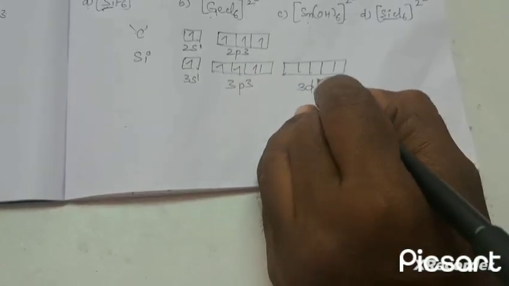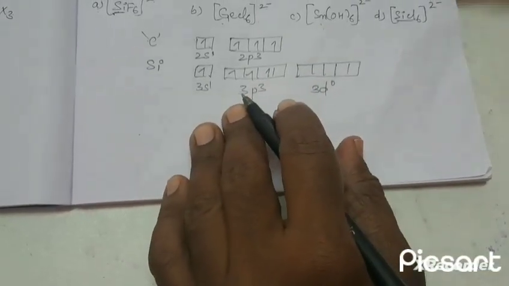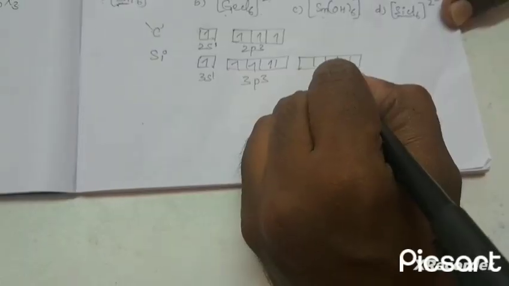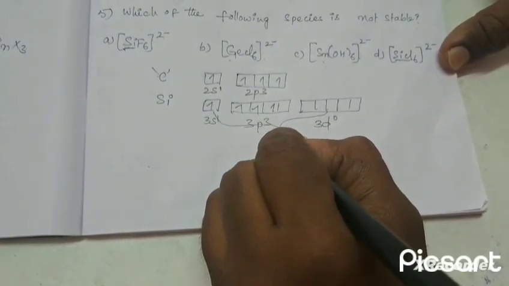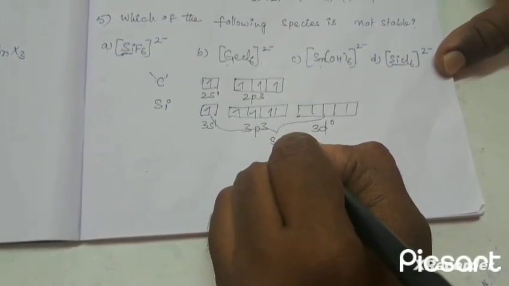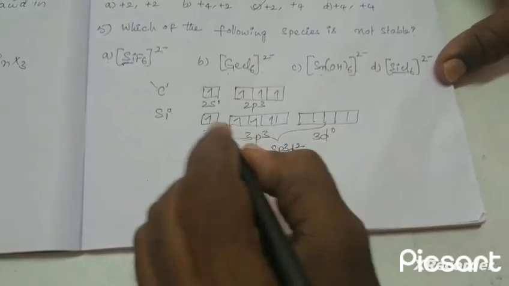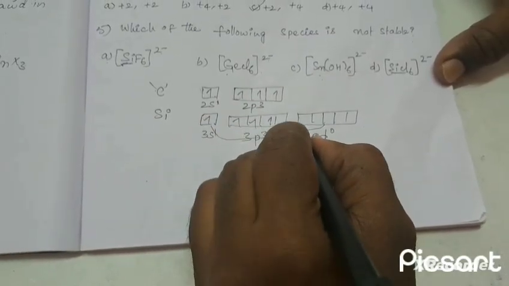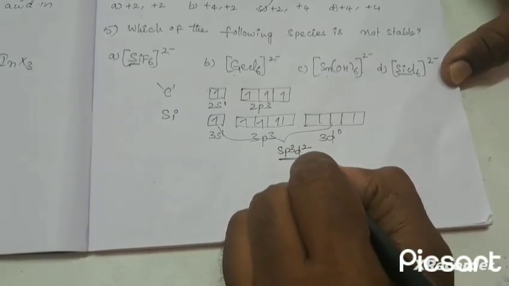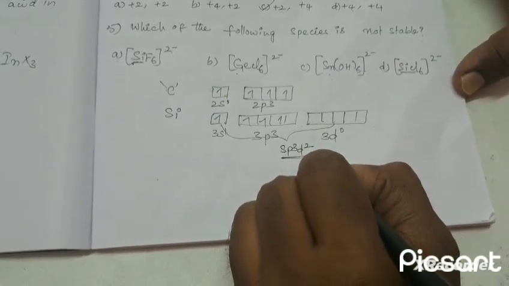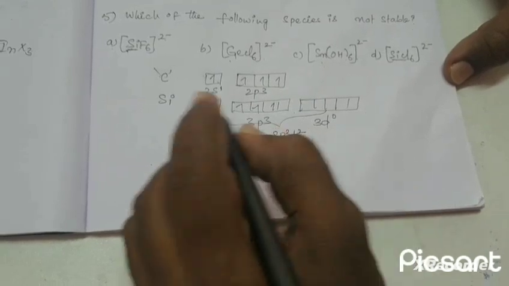So by using the vacant d orbitals, it can form SiF6 and the hybridization will be sp3d2, because one s orbital, 3 p orbitals and 2 d orbitals are involved in the hybridization. That's why it is called sp3d2 hybridization.